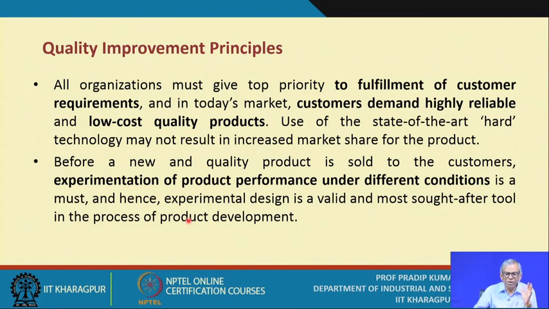This is really a challenging assignment, and use of state of the art hard technology may not result in increased market share for the product. So this is to be looked into. That means whenever you produce the quality, at what cost, at what price, that is very, very important.